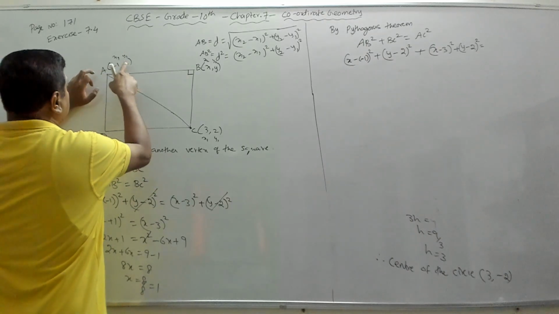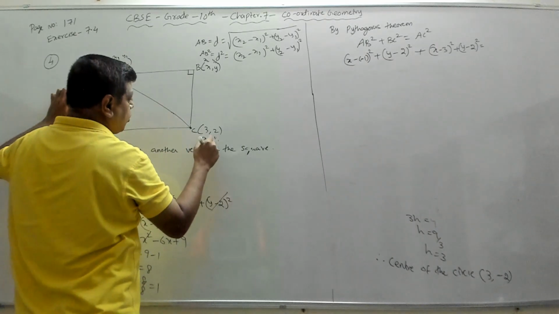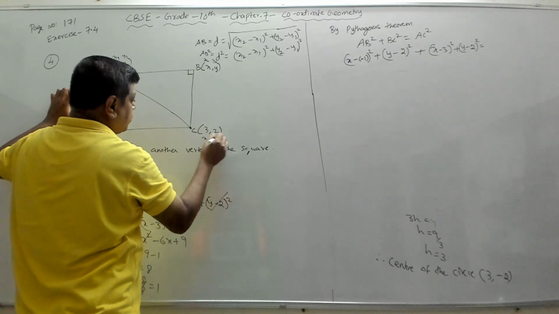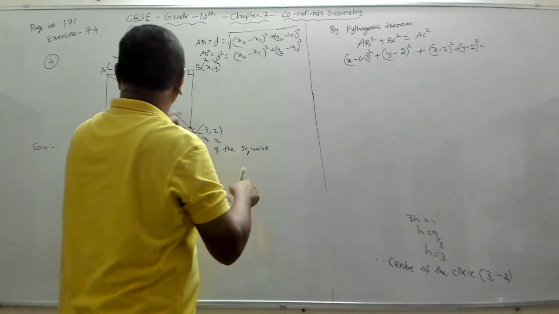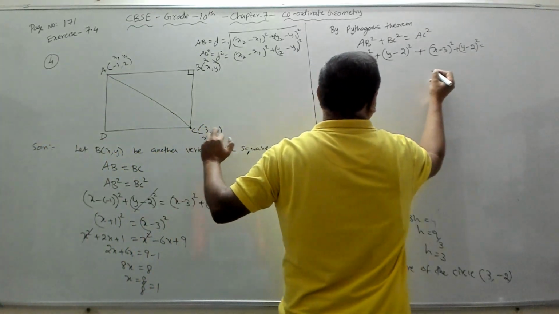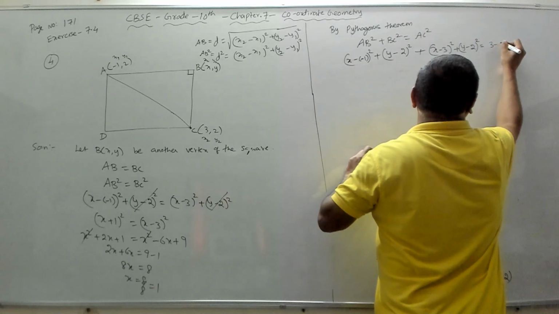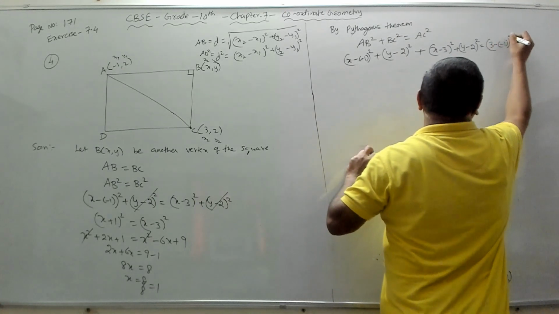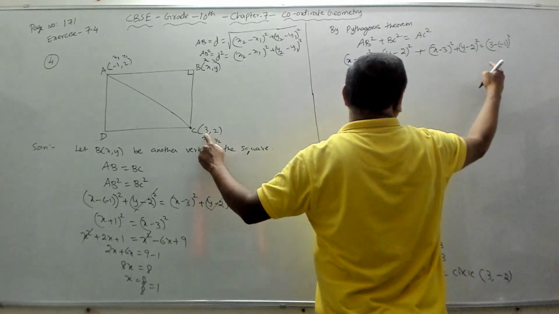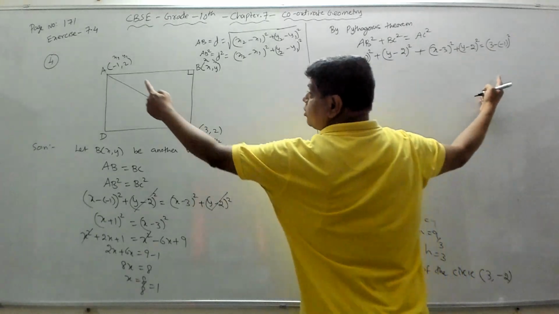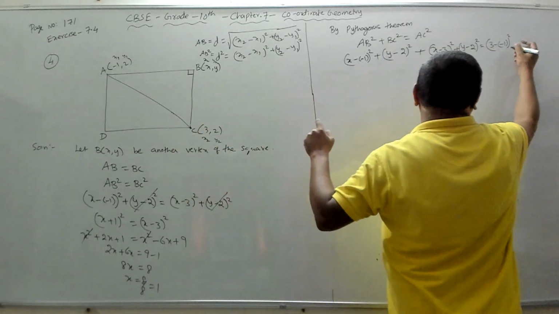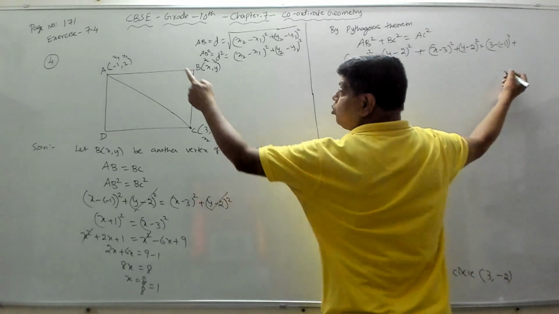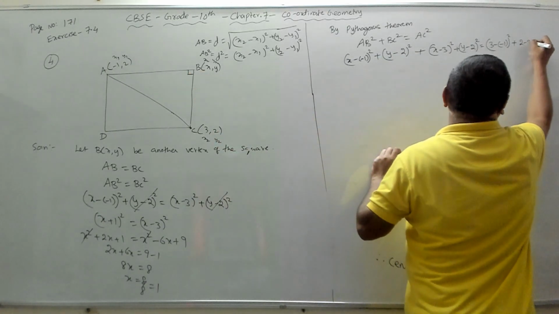We can take this as x1 y1 and this as x2 y2 to apply the distance between AC. So x2 minus x1, 3 minus 1 the whole square, that is x2 is 3 minus x1, x1 is minus of minus 1, whole square plus y2 minus y1, 2 minus 2 the whole square.